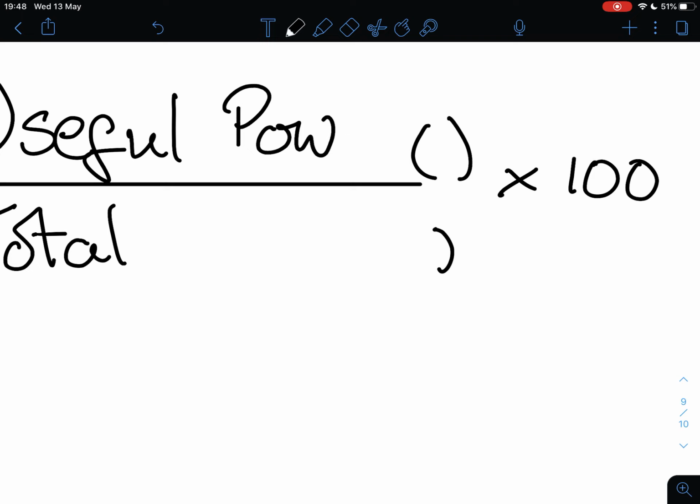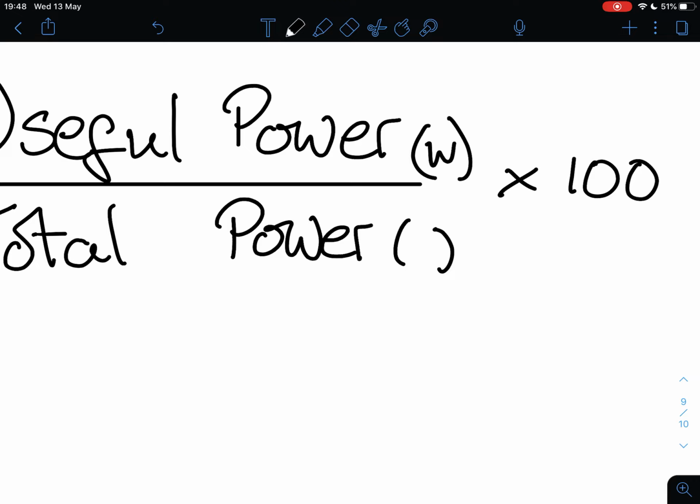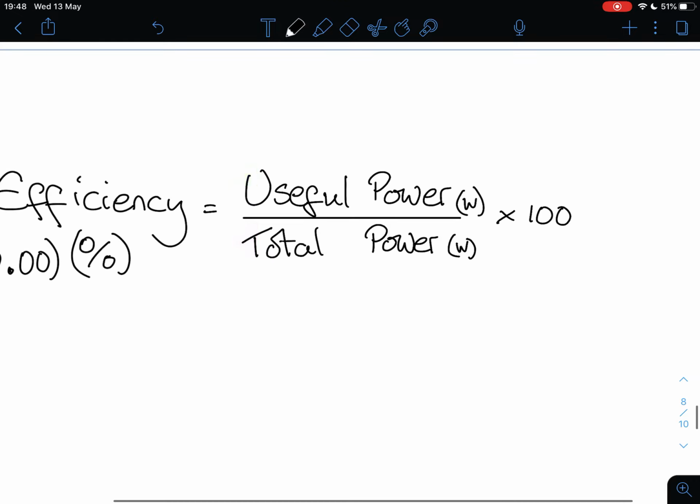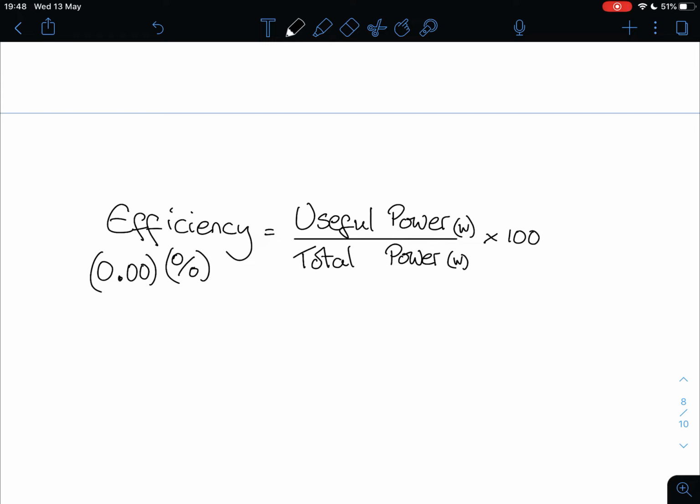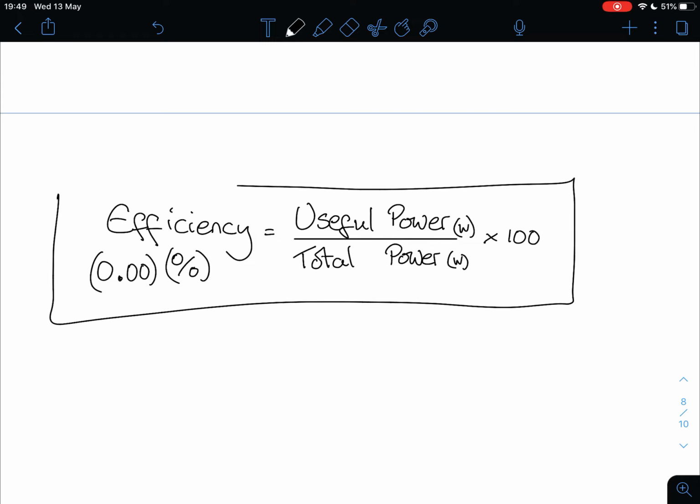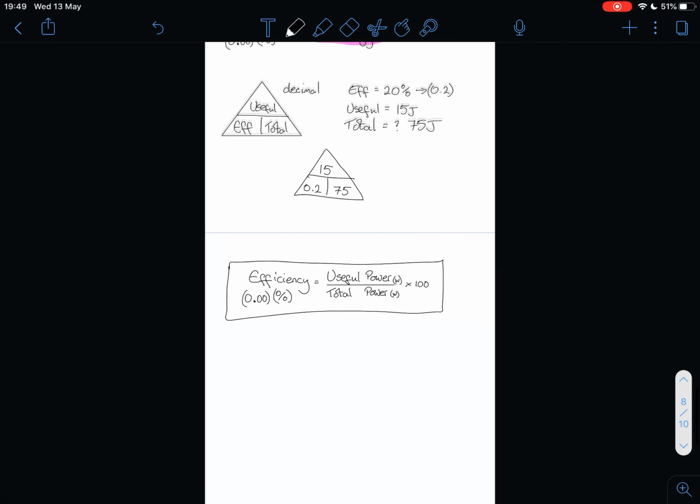So they might say, what about the useful power and the total power? Exactly the same thing. Just plug the number in, get the answer. So don't freak out if you see it written as energy or power. It's exactly the same equation. You just put the number in. It makes no difference whatsoever.